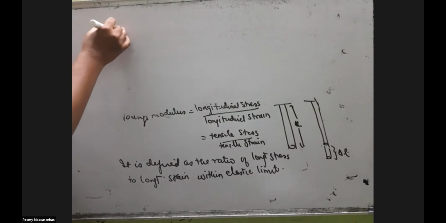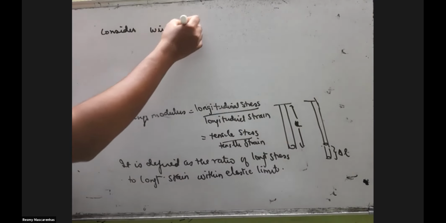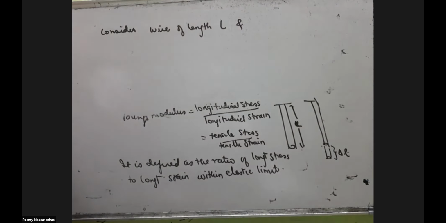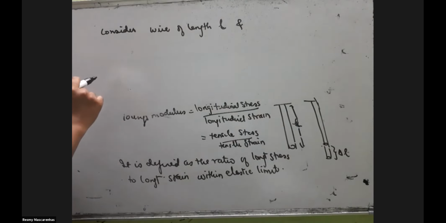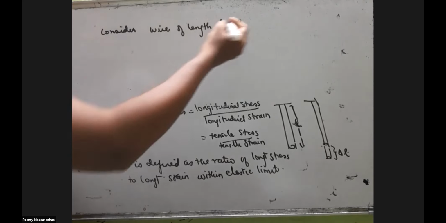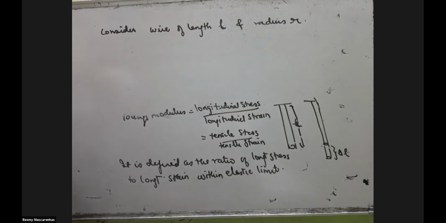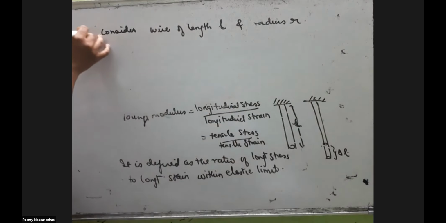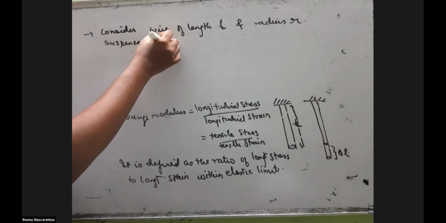So consider a wire of length L and radius R, suspended from a rigid support.